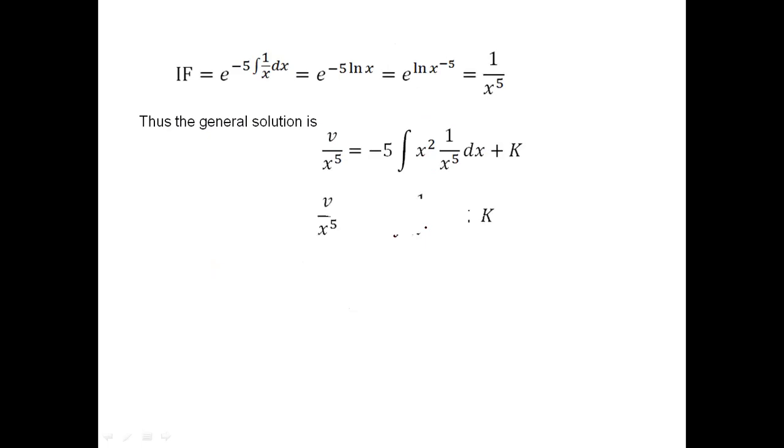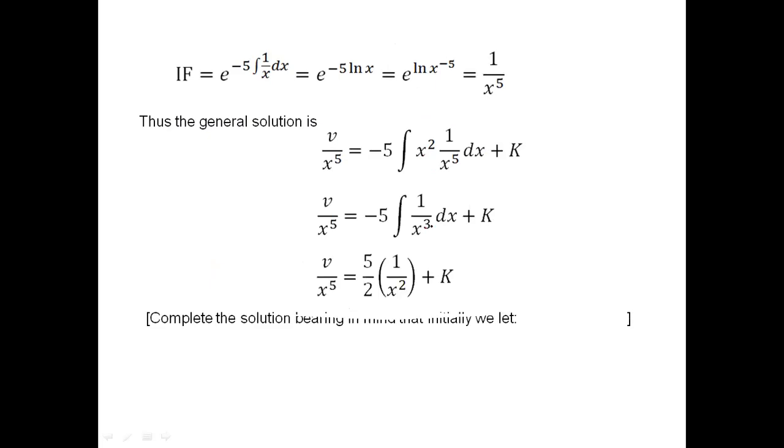Then from here, we have that simplification, then the final answer. Not necessarily the final, because we still have v appearing. And in the given equation, we did not have any variable named v. So the v was just brought in.